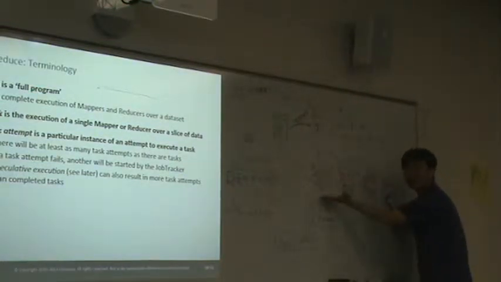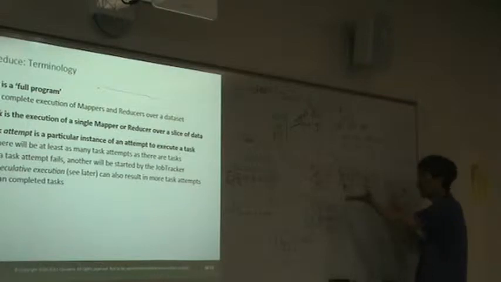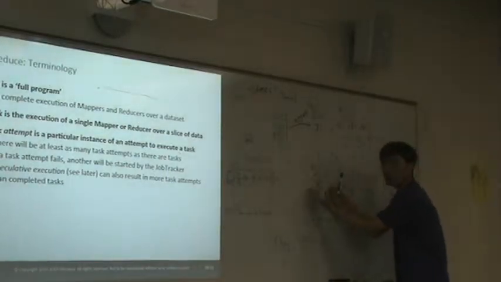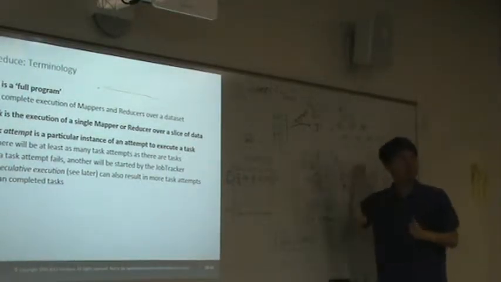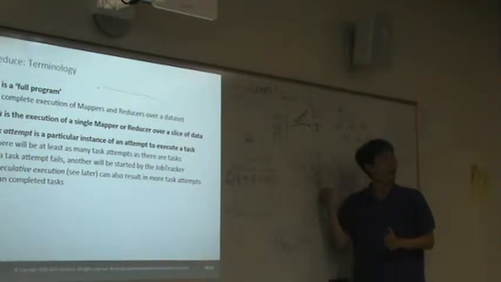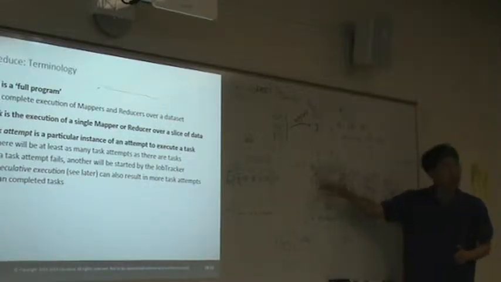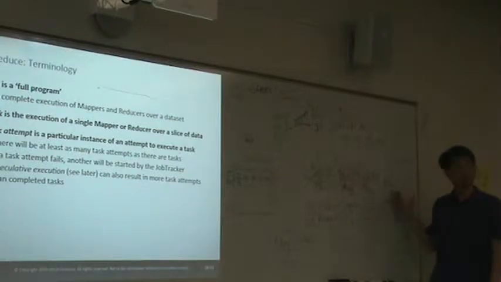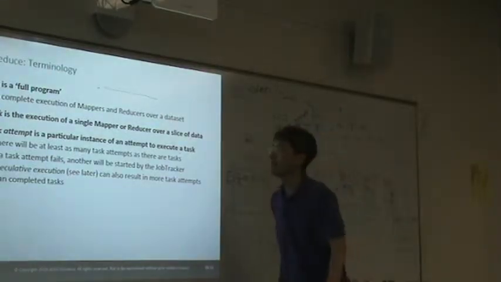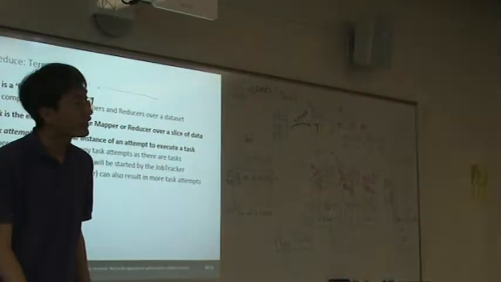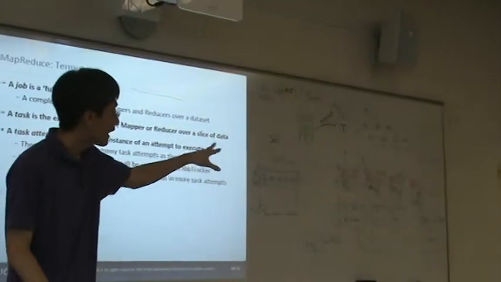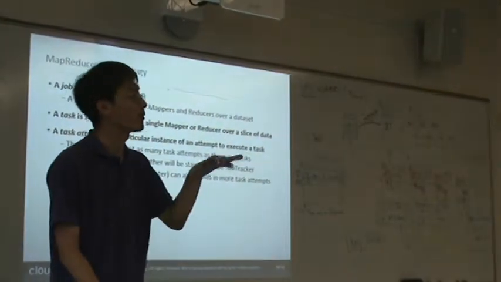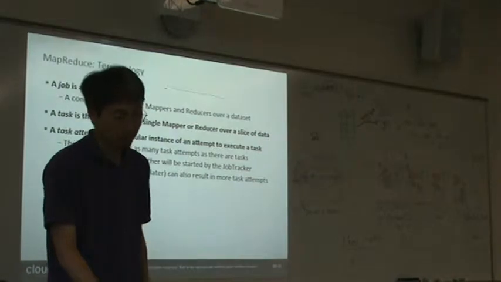It's the same task and they compete. If this one finishes earlier, MapReduce takes its output; if the other catches up and finishes earlier, MapReduce takes that one. Nothing to lose, right? Because it's available resource. Do I need to take care of such a thing? No, it's automatic in MapReduce.